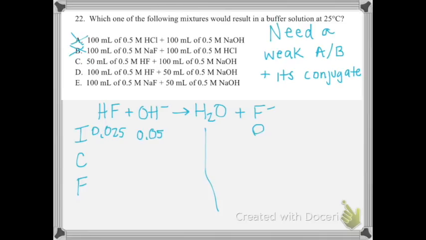And because the reaction is 1-to-1 and we have fewer moles of HF, that will run out first and be totally consumed. We'll use that much up of the OH minus and gain that much of the F minus.